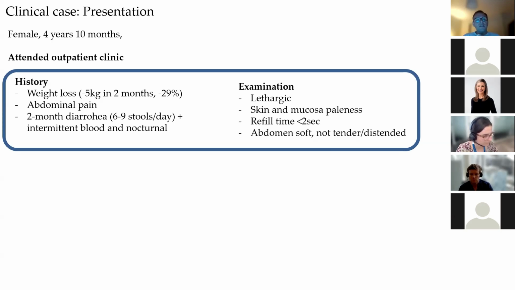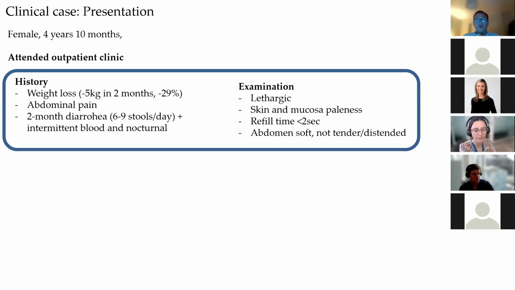So this is a nearly 5-year-old who had presented with 2 months of very significant bloody diarrhea and weight loss. The parents were from sub-Saharan Africa, and they spoke English.